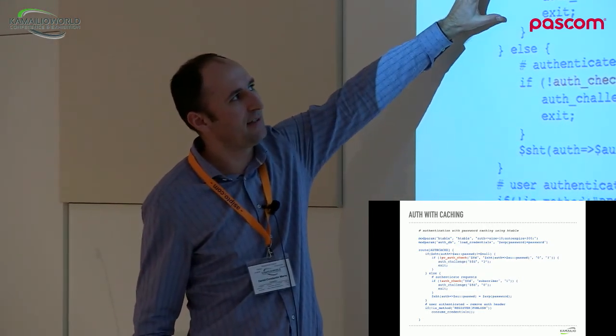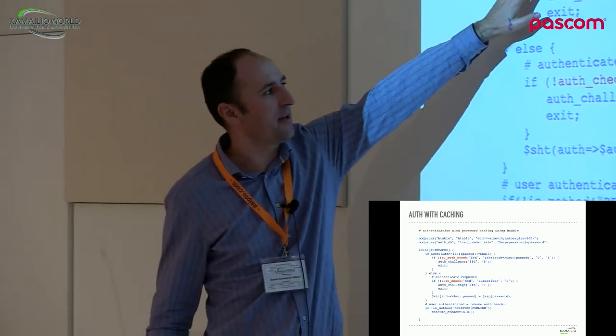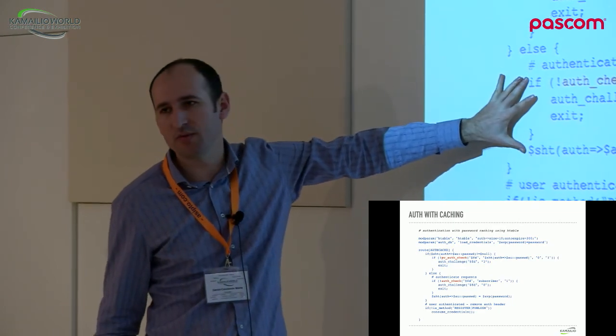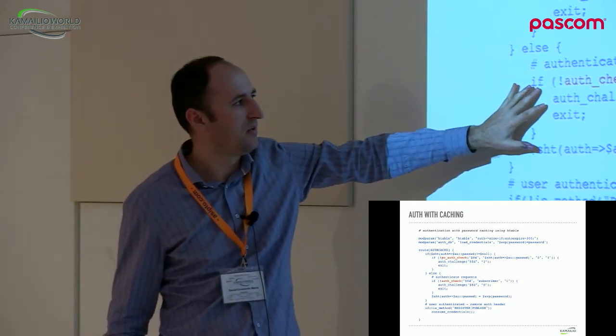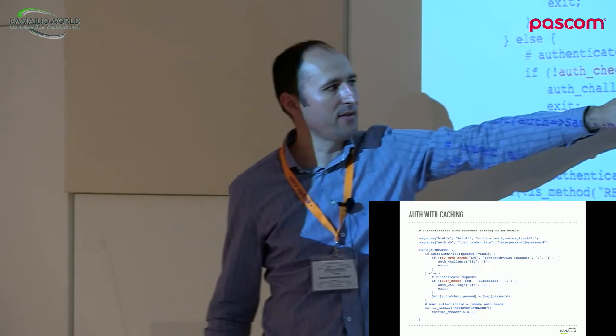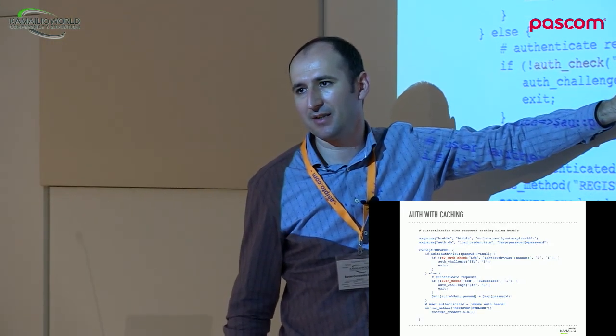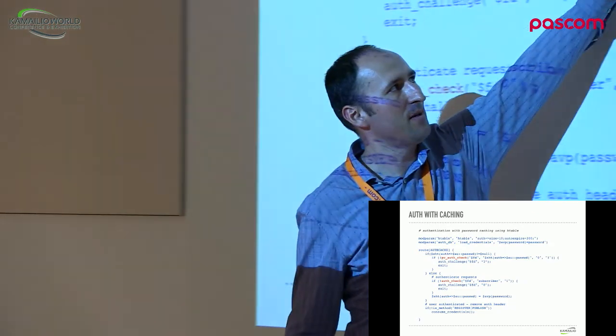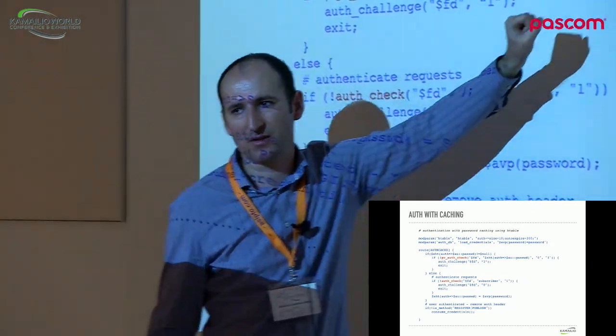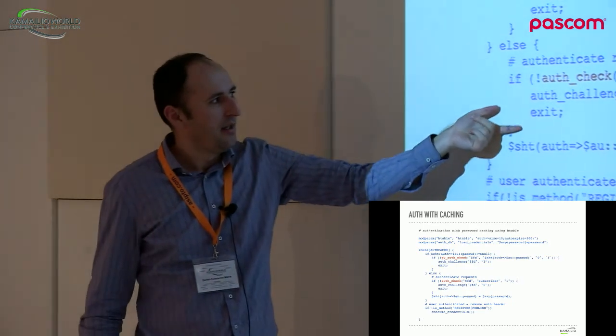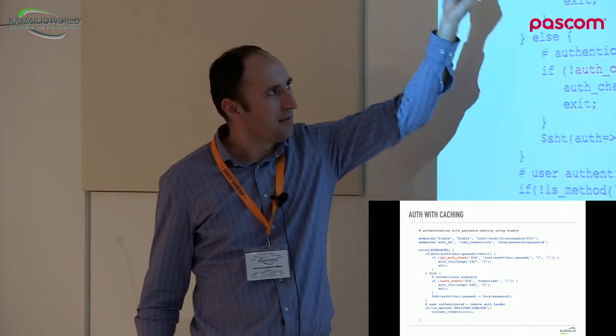If we don't find the password in the hash table, this is practically what we do now with the default config file. We use auth check. This goes to the subscriber table and fetches the password. If everything is fine with authentication, this variable will be set with the value of the password column. Of course, if it fails, it goes with a challenge.